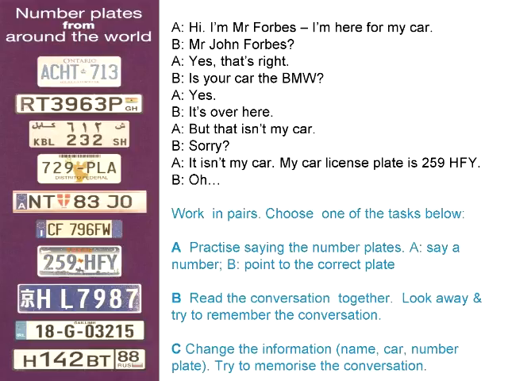In the second one, the students have to read the conversation, and then they cover their book or turn away and try to remember it, try to reconstruct the conversation. In the third one, the students have to change some of the essential details. So they could change the name, they could change the type of car, the number plate, and so on. So we can see we've got 3 tasks here, and the challenge increases.